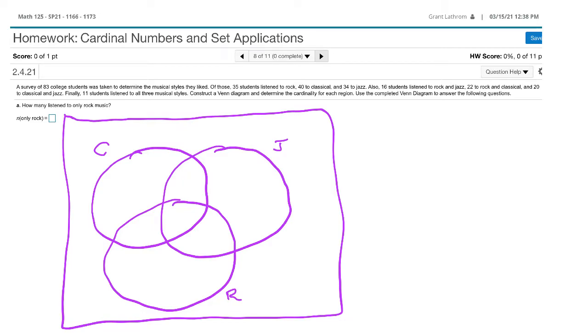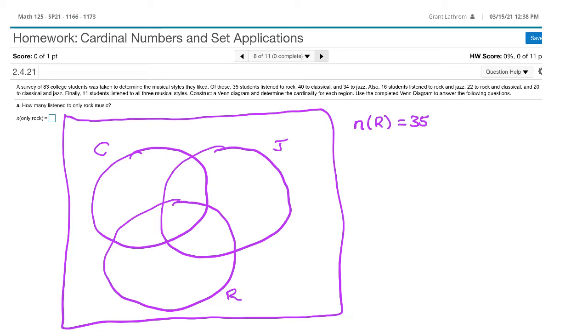And so now we're just looking at the information that we are given in this problem. We know that we have a total of 83 college students in the survey. And of those, we know that 35 listened to rock. Rock is R, so the cardinality of R is going to be 35.